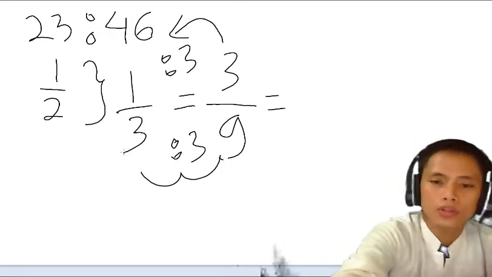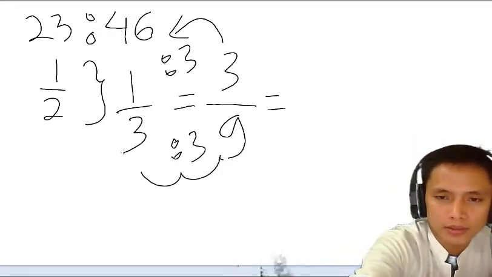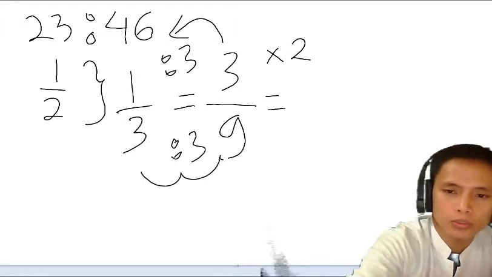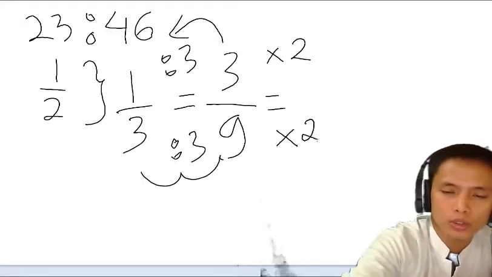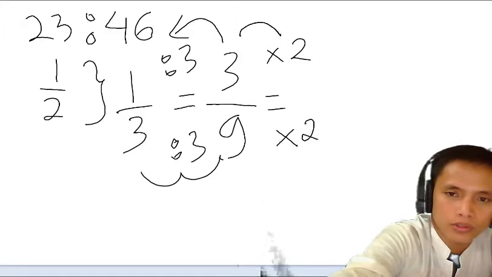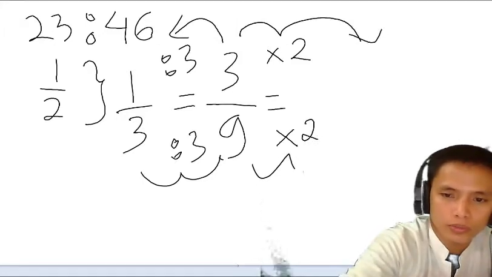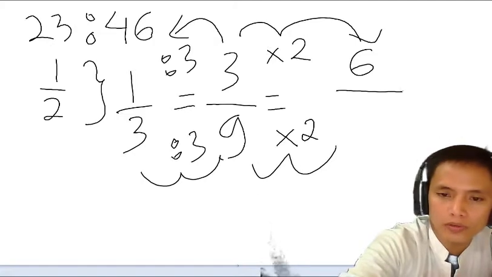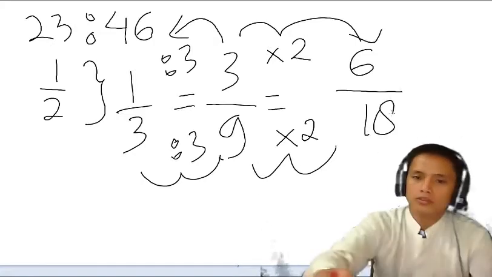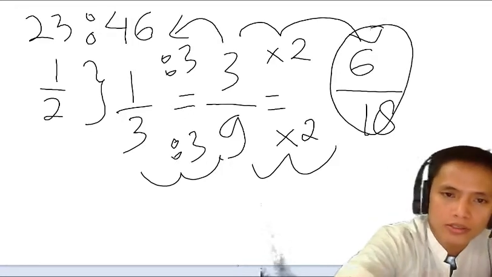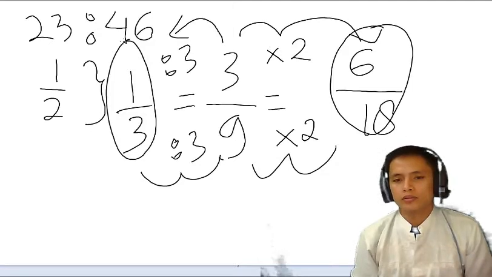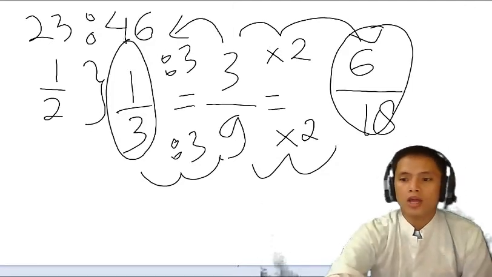Or you can multiply by the same number. For example, you multiply by 2, and here you multiply by 2. So the result will be 6 over 18. That's it. This is what we call the equivalent fraction.